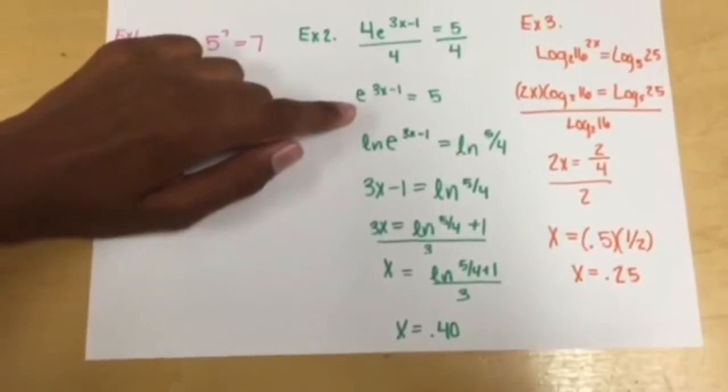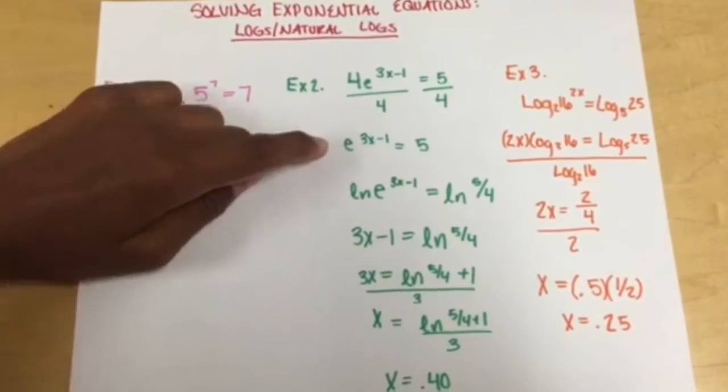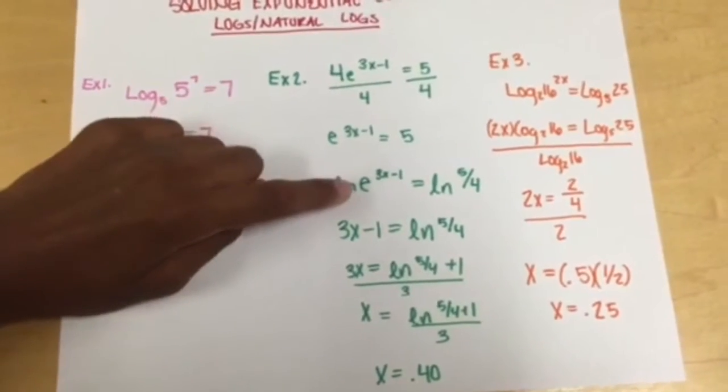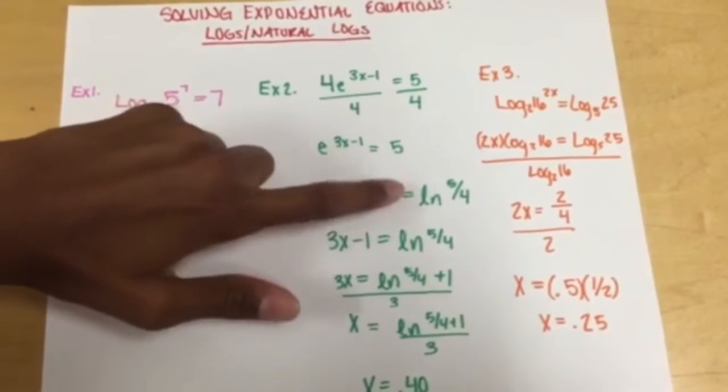And then what you do is you natural log both sides. So now it's natural log of e to the power of 3x minus 1 equals natural log of 5 over 4.